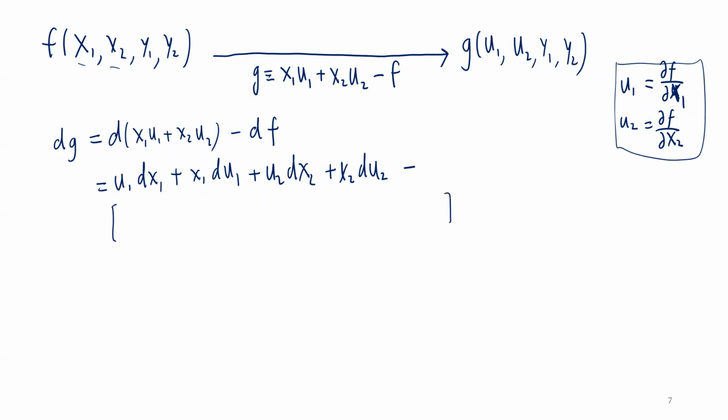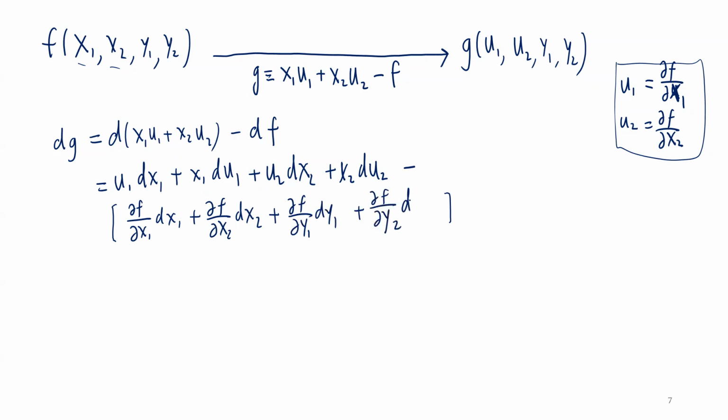Again, for df you will have four terms: partial f partial x1 dx1, partial f partial x2 dx2, and so on.